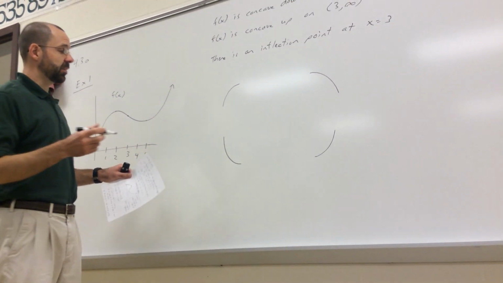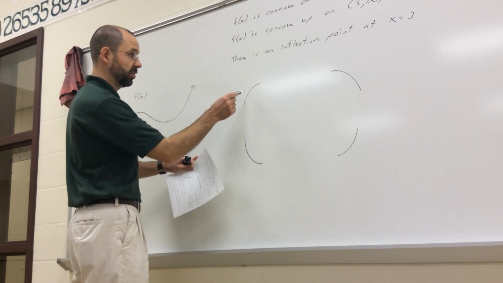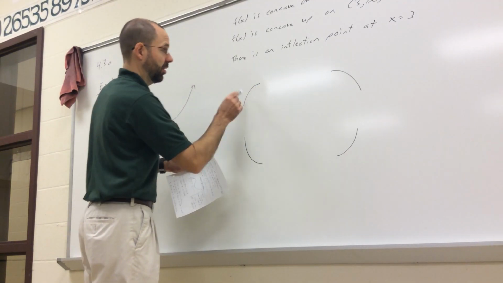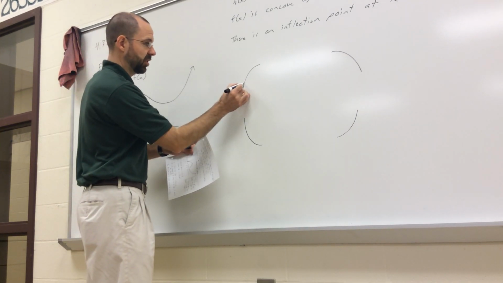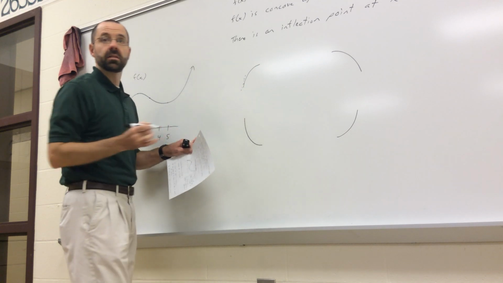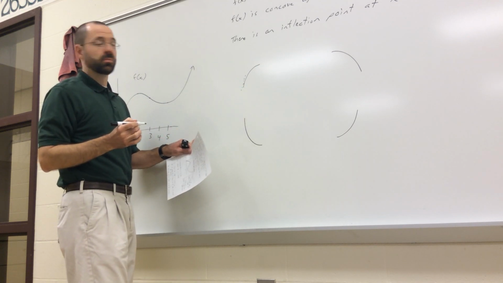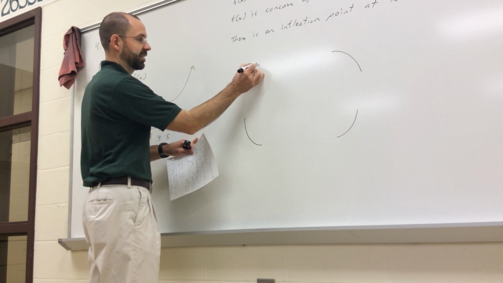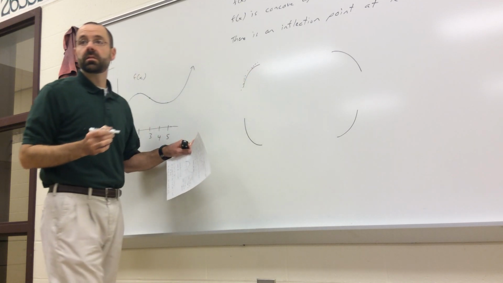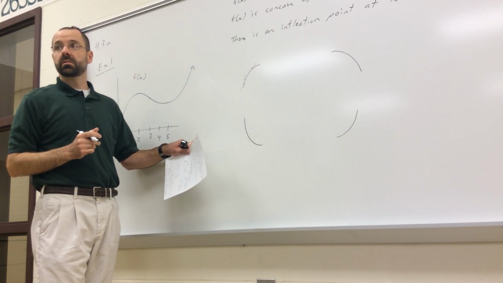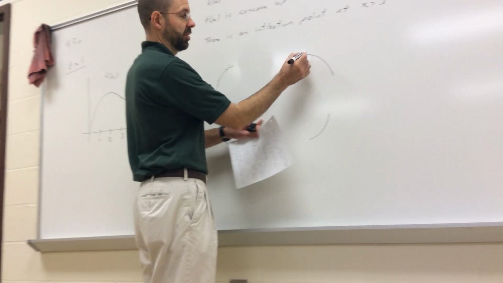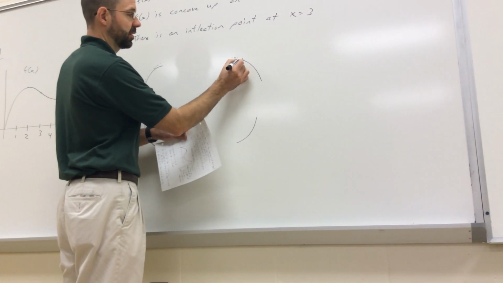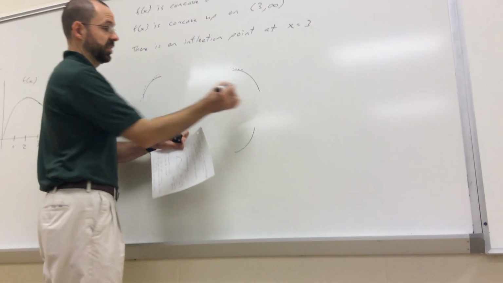Okay, so now let's think about this. These two are concave down. So the slope starts out pretty big. But then the slope becomes less. Then over here, the slope is a small negative, and then it's a larger negative.